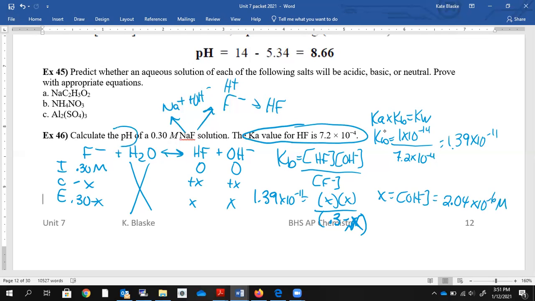Now, they wanted me to calculate the pH. I have the OH. So if I take the negative log of this value, that's going to give me my pOH. And then if I want to find my pH, I need to take 14 minus that value.